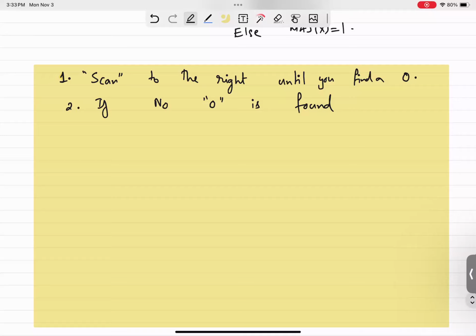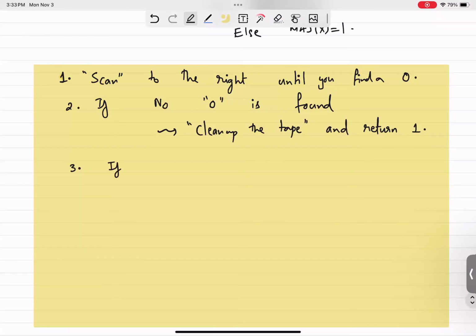There are no zeros, so we are fine. So we have to output 1. We know we have to output 1 at this point, but we have to clean up the tape. Remember, Turing machines have this thing that the output is everything that's on the tape until the head. So I'm going to abstract that as: clean up the tape and return 1.